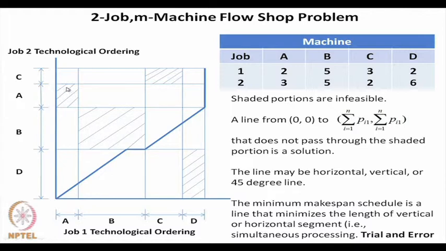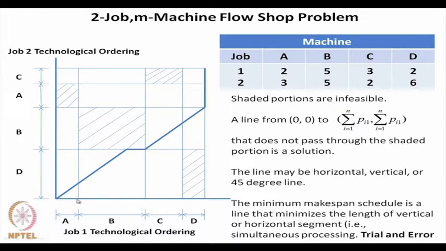So, this is an infeasible zone. The shaded portions are infeasible. That means, if machine A is working on job 1, it just cannot take job 2. So, this is the infeasible region.